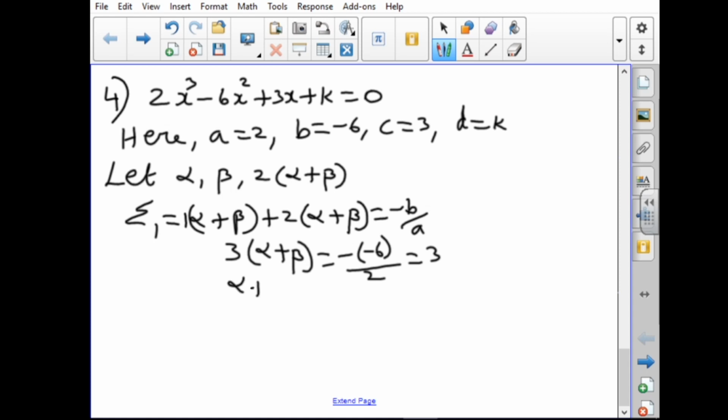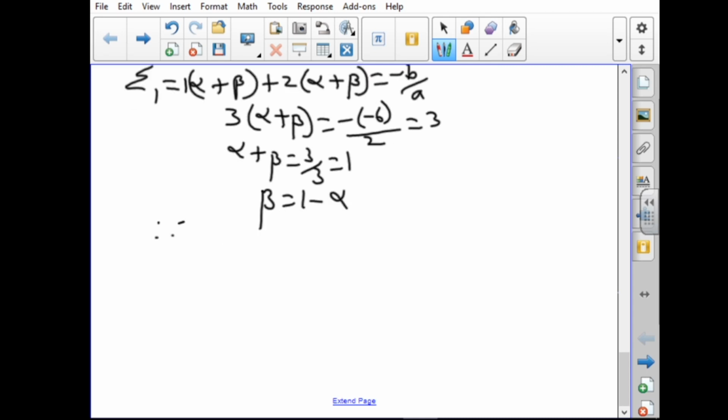So alpha plus beta is equal to 3 by 3, which is equal to 1. Taking alpha to the other side, beta is equal to 1 minus alpha, and alpha plus beta is equal to 1.